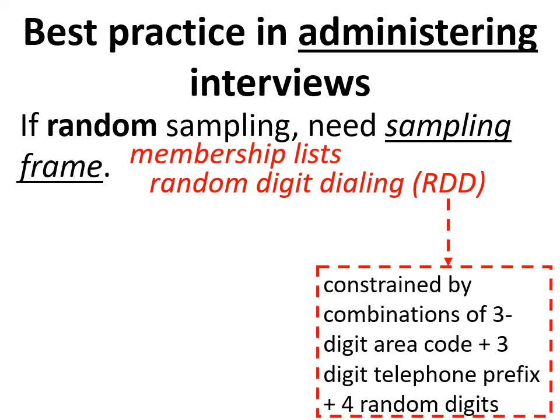Essentially, if the geography of the area that you want your survey administered in is covered by, say, 4 area codes, the survey company will identify those area codes, and then also any 3-digit telephone prefixes that accompany those area codes that are found in that area.